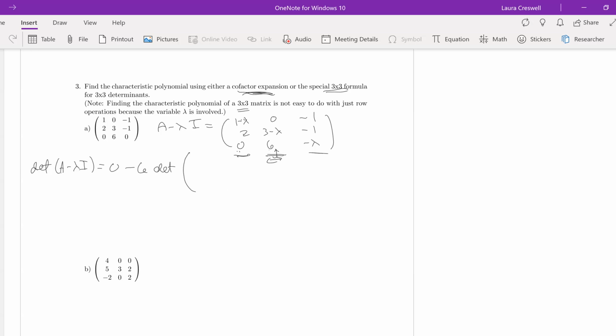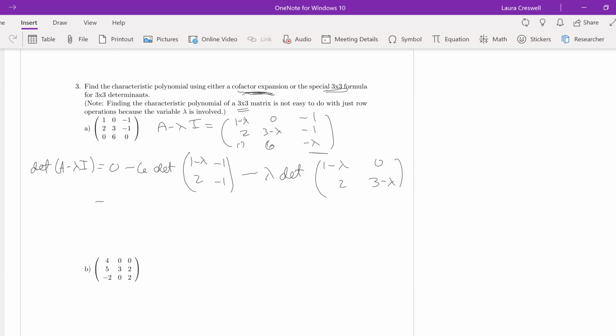So let me make myself some room here. So I would have 1 minus lambda and 2, and a negative 1 and a negative 1. Okay, so that and that and that and that. Okay, so positive, negative, positive, negative, positive. So I keep the negative lambda, and I'm going to take the determinant of the 2 by 2 that's left over.